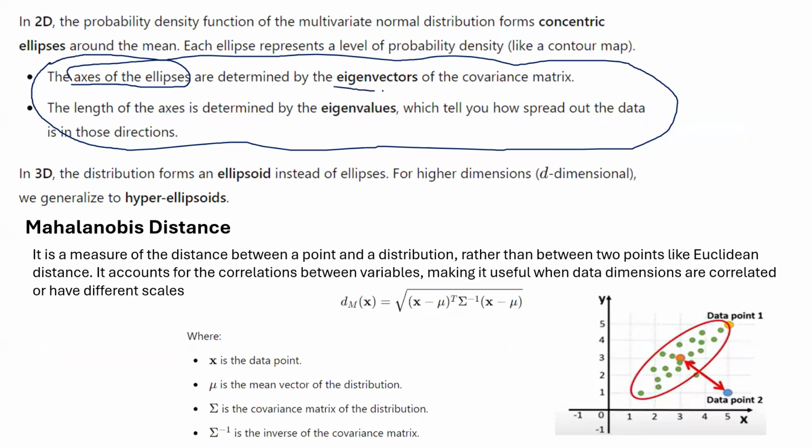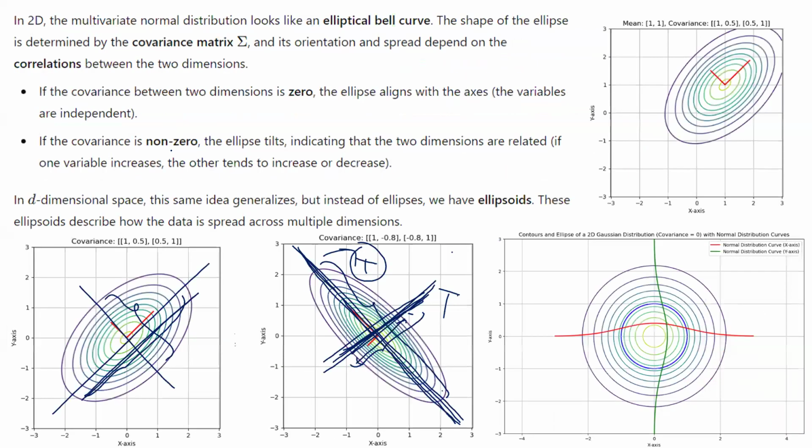Understood. Eigenvectors are the principal axes of the ellipse or the contour. Eigenvalues represent the stretch of the ellipse. The length of the axis is determined by the eigenvalues, which tell you how spread out the data is in these directions. These are all the data points, right?